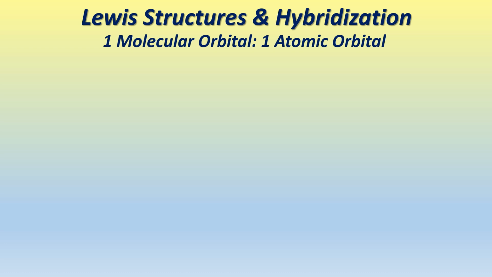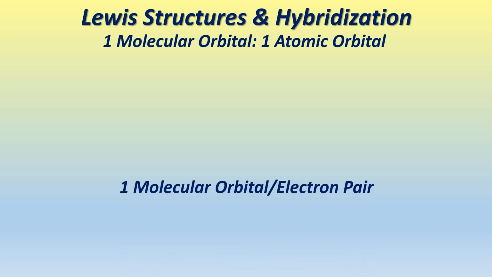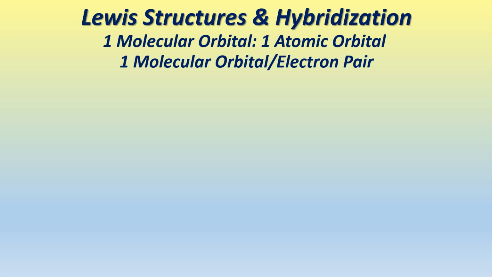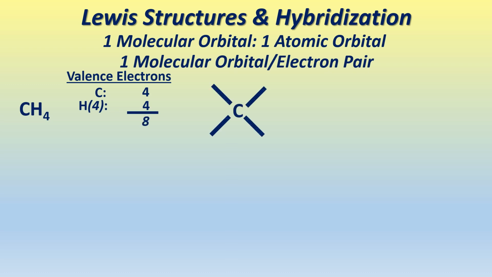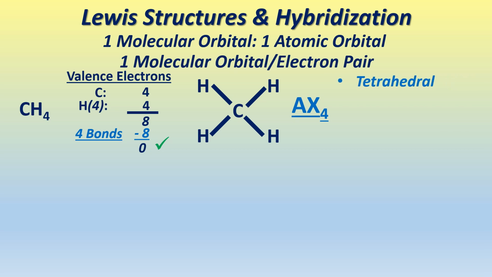Knowing that there's 1 molecular orbital for 1 atomic orbital, and knowing that there's an electron pair in each molecular orbital, if I look once again at CH4, with its 8 valence electrons, and carbon with its 4 bonds, using those 8 electrons up, it is going to have the general form AX4, which means we know, first of all, it's tetrahedral.